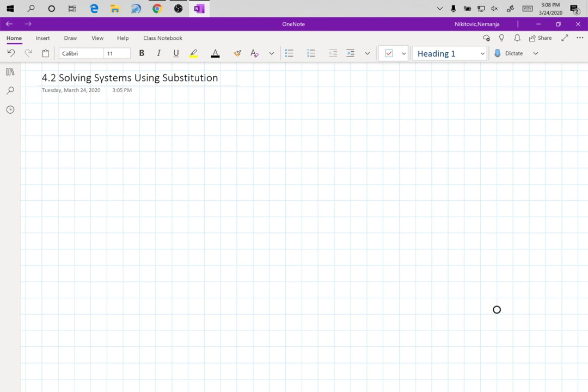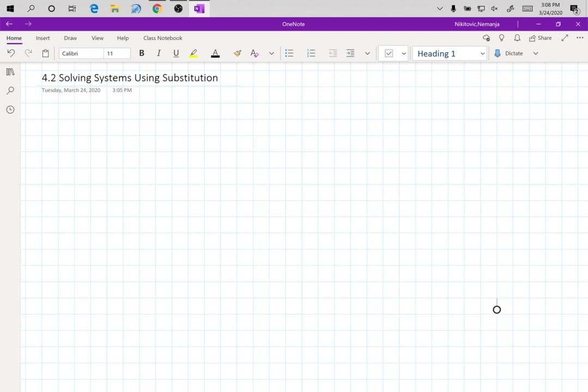So, the goal for today is to go through section 4.2, the last section in chapter 4, which is the one on solving systems. The previous lecture, 4.1, was solving systems using a graphical approach.